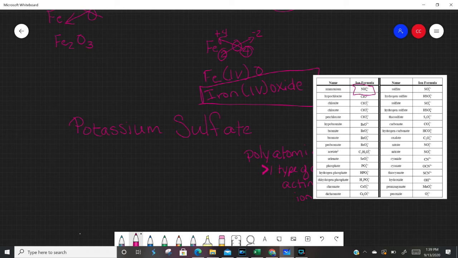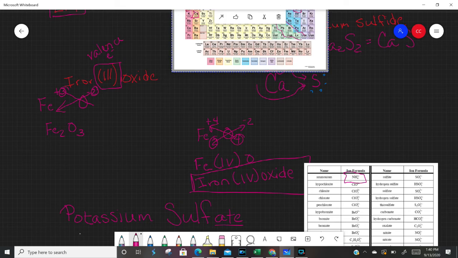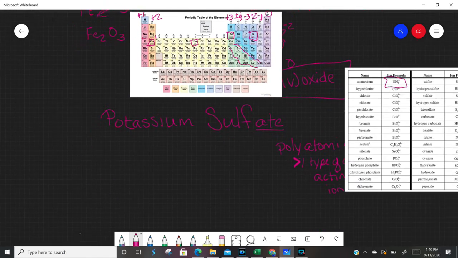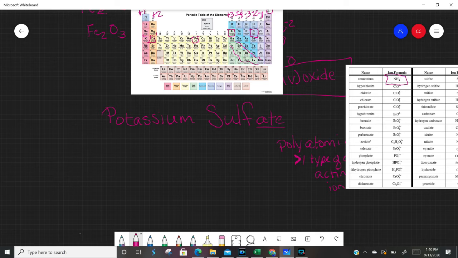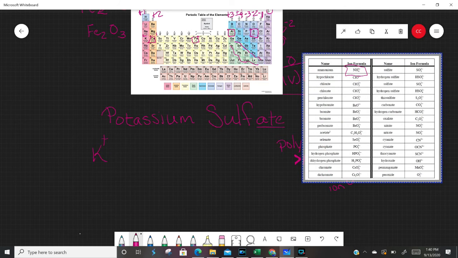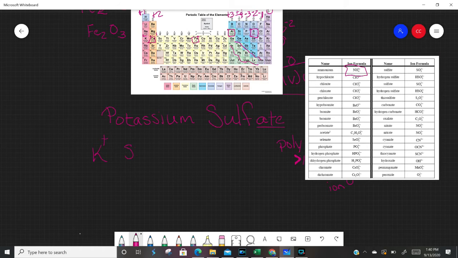So if I did potassium sulfate, and if they end in ATE or ITE, it is a polyatomic ion. So potassium sulfate, going back to our periodic table, we know that potassium is a +1. Sulfate, going to my list, is SO4, and it has a -2 charge.